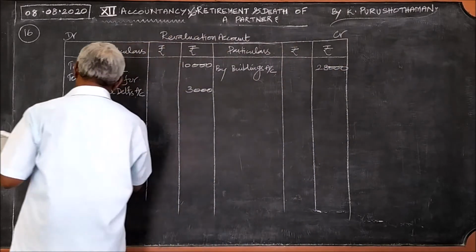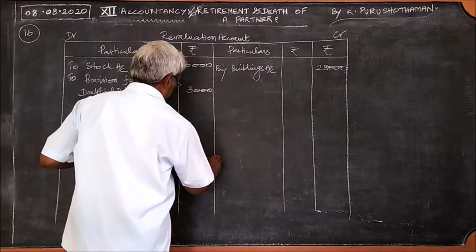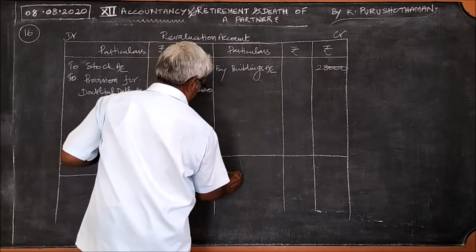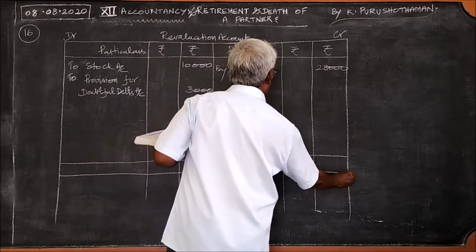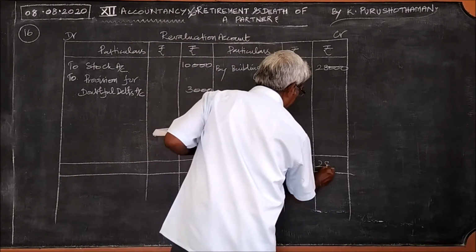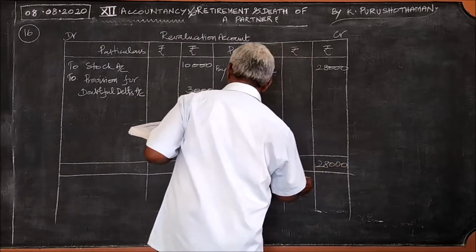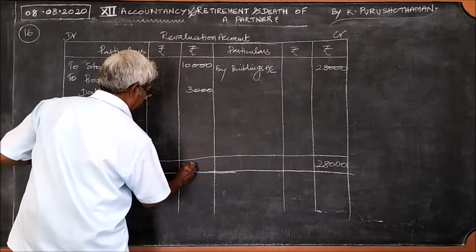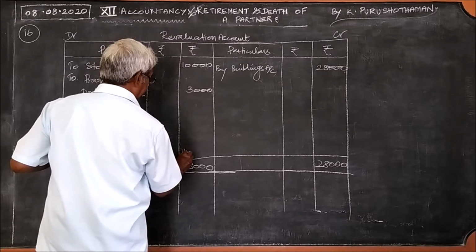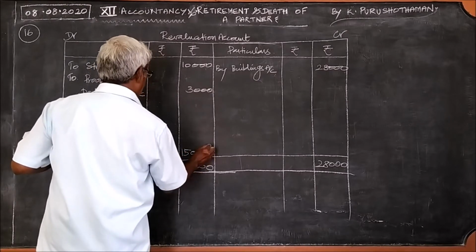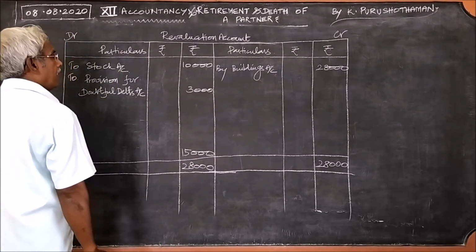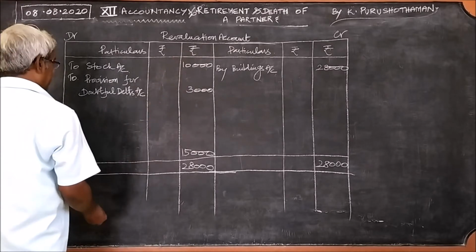Now we should close the revaluation account. Here 13,000, here 28,000. The greater total is only 28,000. You write it. The balancing figure is 15,000. And this 15,000, what is there? Excess profit or loss? Profit only is excess.